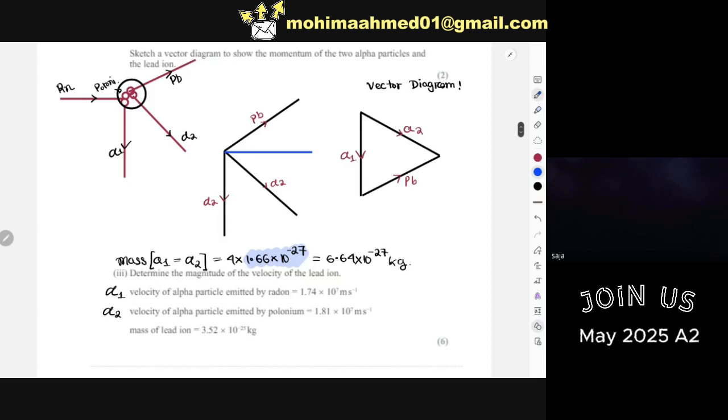It was again distributed into the vertical plane and the horizontal plane. So these blue lines over here indicate the directions for your alpha 2 distributed in the vertical and horizontal plane, and the red line over here indicates the distribution for your lead.